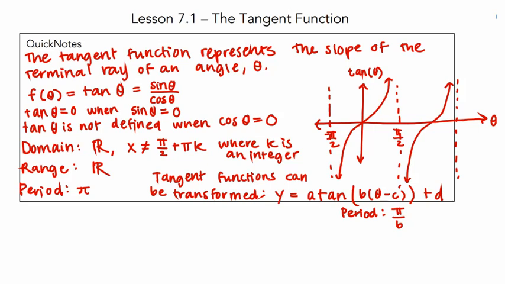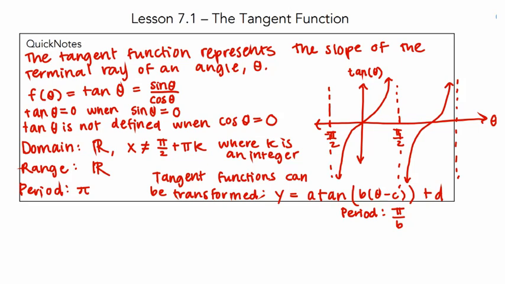Now the range for the tangent function is all real numbers, from negative infinity all the way up to positive infinity. Notice this changes from what we had with sine and cosine. With sine and cosine, we still had the domain of all real numbers, but we had a range that went from -1 to +1. This one includes all real numbers for the range as well as the domain, except for this exception.